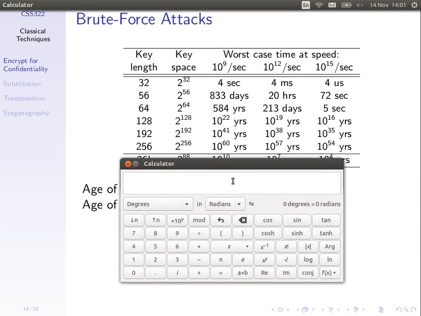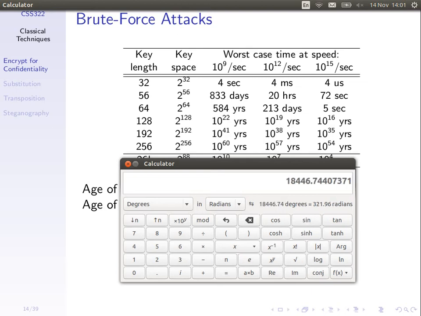So with the key length of 2 to the 64, we have 2 to the power of 64 values. That's how many we need to try in this row. And at the speed of 10 to the power of 15 per second, how many seconds does it take? Well, 2 to the 64 divided by 10 to the power of 15.